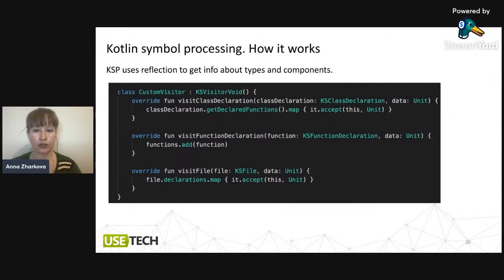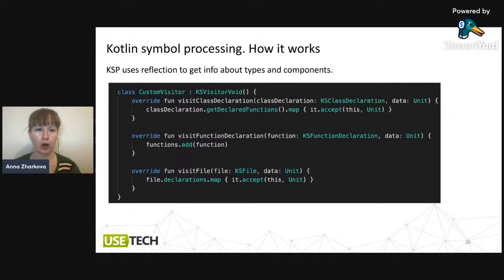So, to analyze all the entries, we could create our own visitor, or maybe use another approach just with the resolver. The visitor will find for us all the data about the declared functions, classes, and other declarations in our file, and we will use the reflection information about all the types and components used for our purposes.